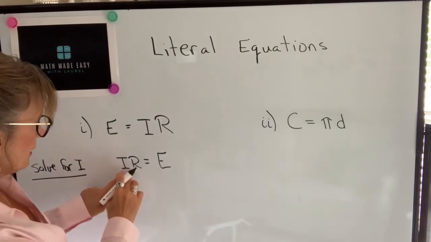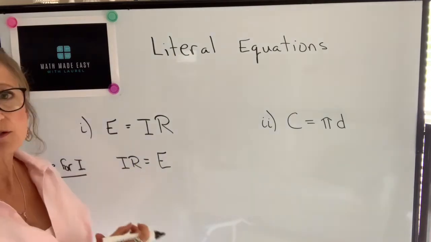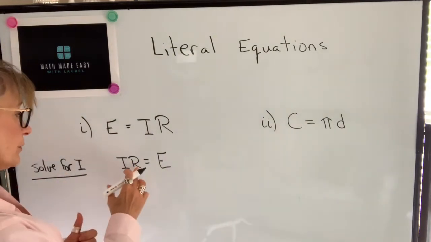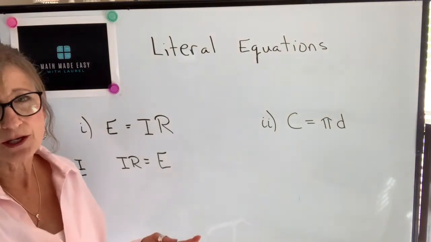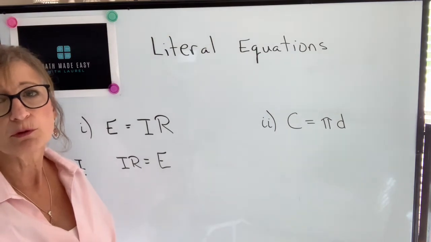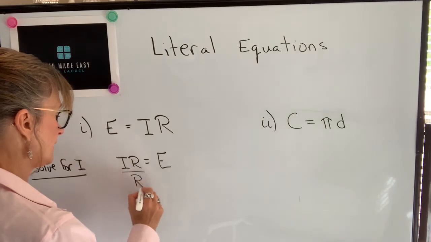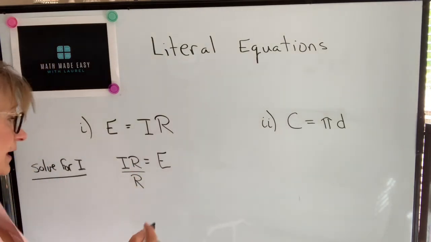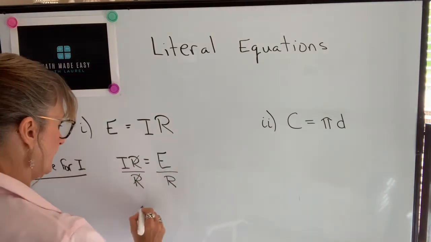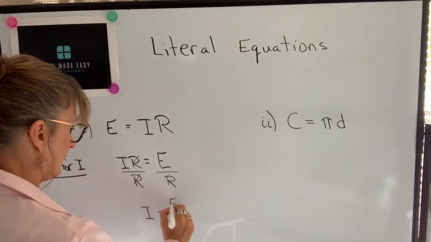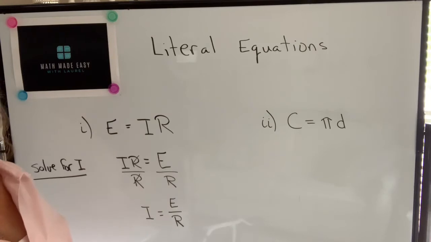But I want to get I by itself, which means I want to get rid of the R. And we know that this means multiplication, so we've already learned that in order to get rid of that, whether it's a letter or a number, we do the inverse operation. So the inverse of multiplying is dividing. So I'm going to divide this side by R so that it will allow me to get I by itself. Whatever I do to this side of the equation, I do the same thing to the other side. So the R's will cancel, and I will have I is equal to E divided by R.